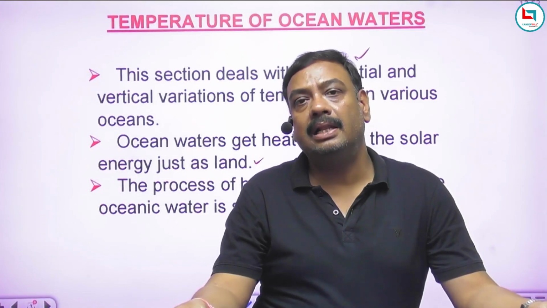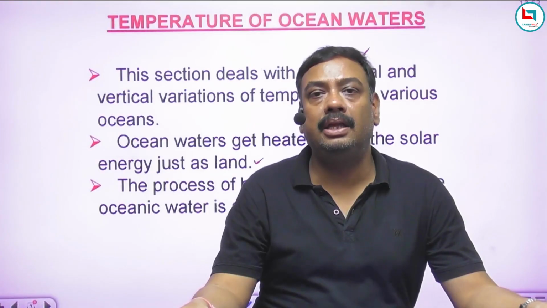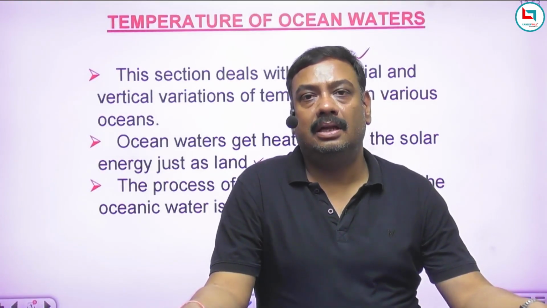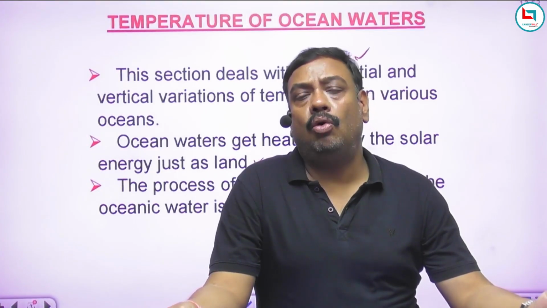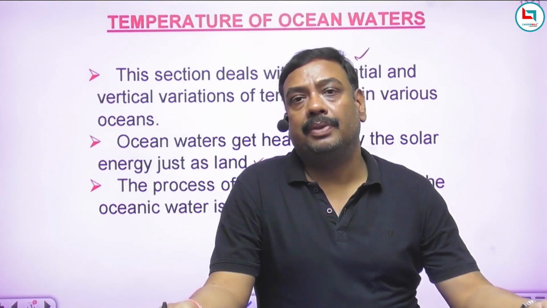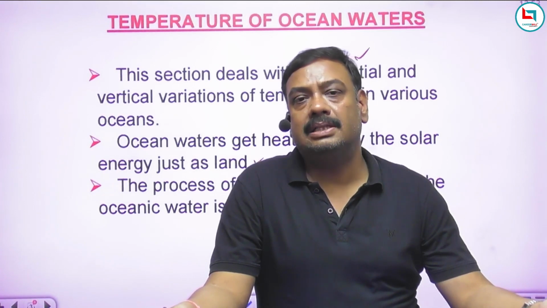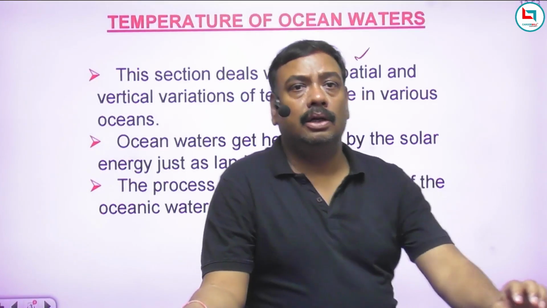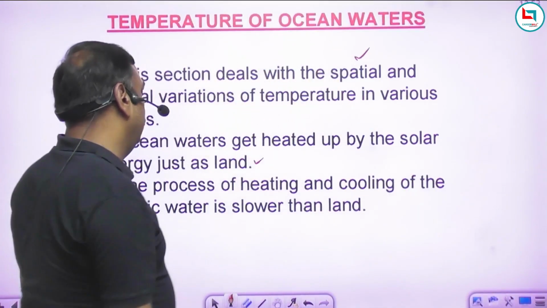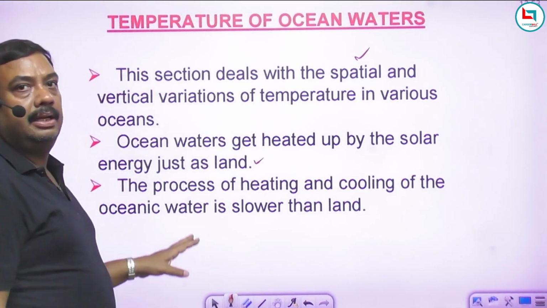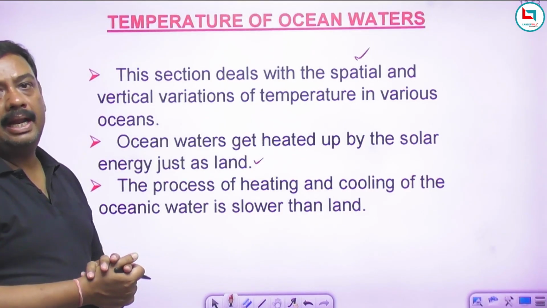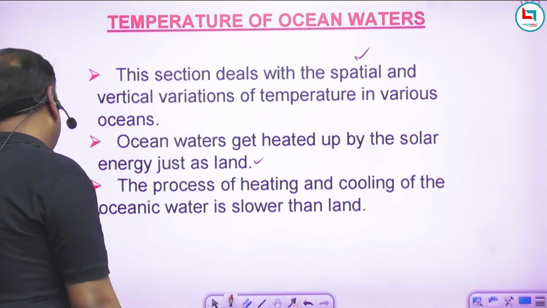The main and particular thing is the specific heat of the water and the land surface. We also have the opaqueness and transparency of the land surface and ocean water respectively. These are also the factors. Got it? So obviously it is one of the things we have to consider here, that the process of heating and cooling of the ocean water is slower than land.